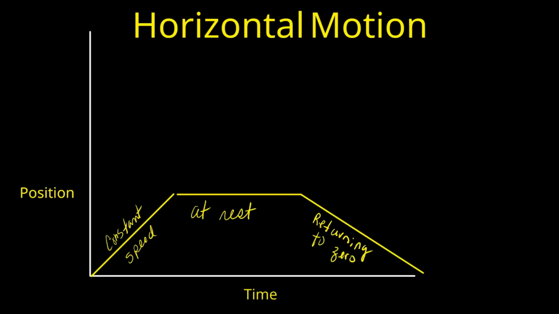The slope of the line tells you the velocity. If I were to draw another line like this one, I can say that this line is traveling faster than the other one, faster because it has more slope.